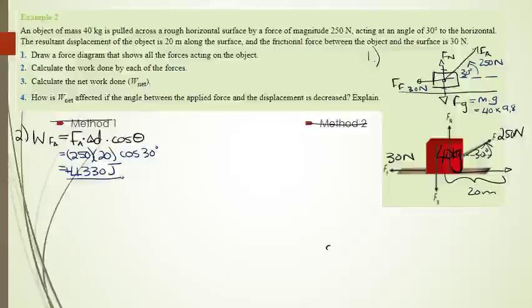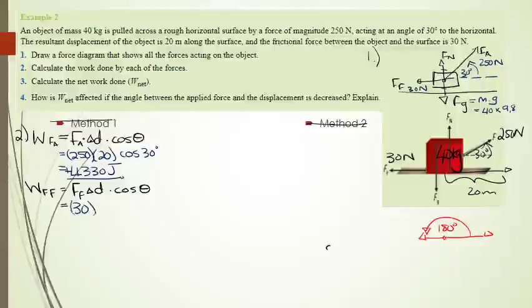The other work component was my frictional force. Now my frictional force times the change in distance times cos theta. If we look at this frictional force, we know that our object is moving to the right. But we know that our frictional force is moving to the left. Therefore, the angle between the direction of motion and the force that's being applied is 180 degrees. So my frictional force is 30 newtons.